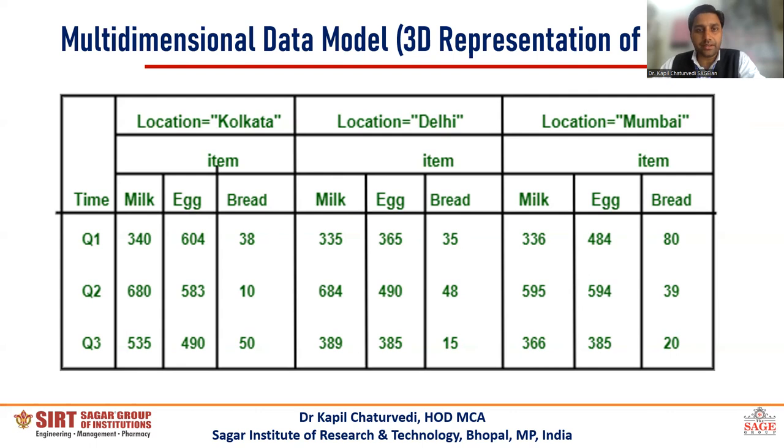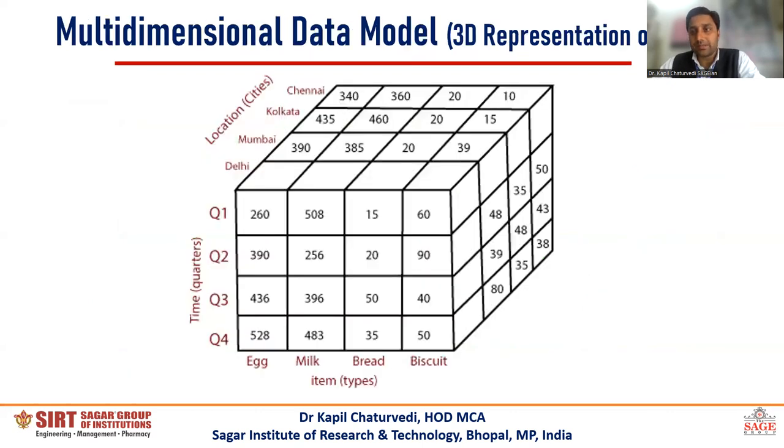But actually in practical life, if we have to represent multidimensional data or three-dimensional data, we adopt the concept of a cube to better understand that. This is the cube representation of data. Basically, we adopt that way to represent 3D data.